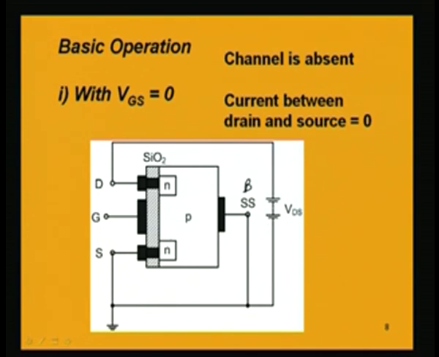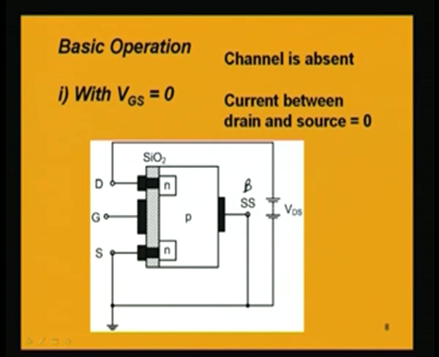Although there is a voltage being applied, which is VDS, what does this voltage do? Basically, this is a voltage which is making the two PN junctions reverse biased. If we notice this junction between the P type substrate and this drain, which is an N type semiconductor, this is nothing but a reverse biased PN junction.